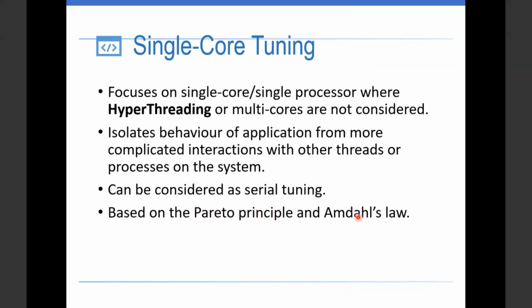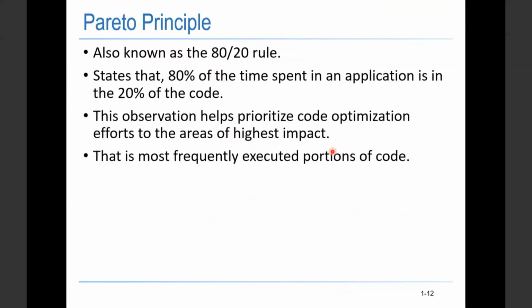Okay, so what is the Pareto principle? The Pareto principle states that for many outcomes, roughly 80% of consequences come from 20% of causes. This is also known as the 80-20 rule.